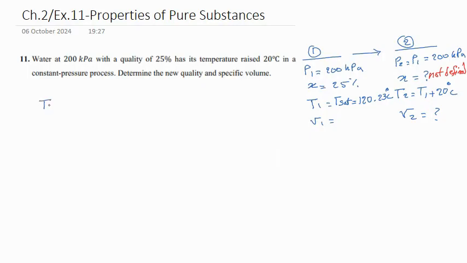So from table B13, we need to interpolate between the specific volumes at the saturated temperature and the 150 degrees Celsius.